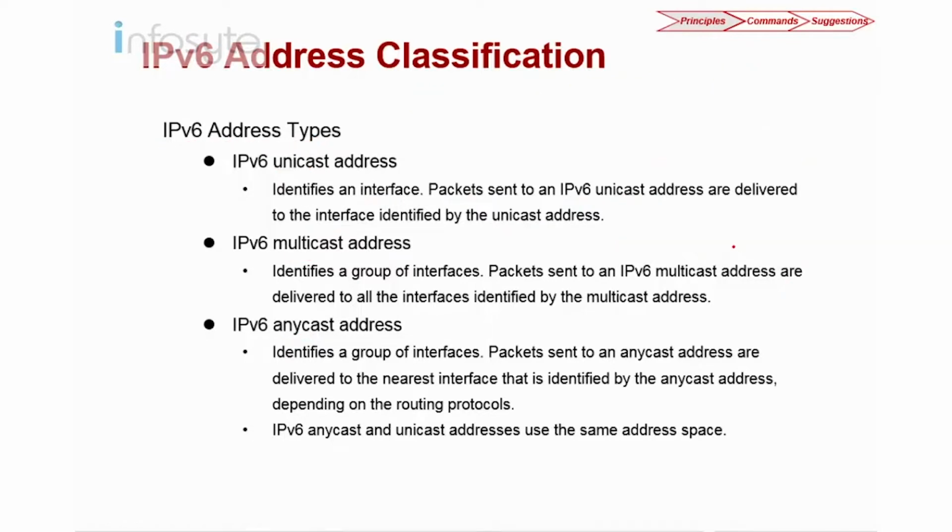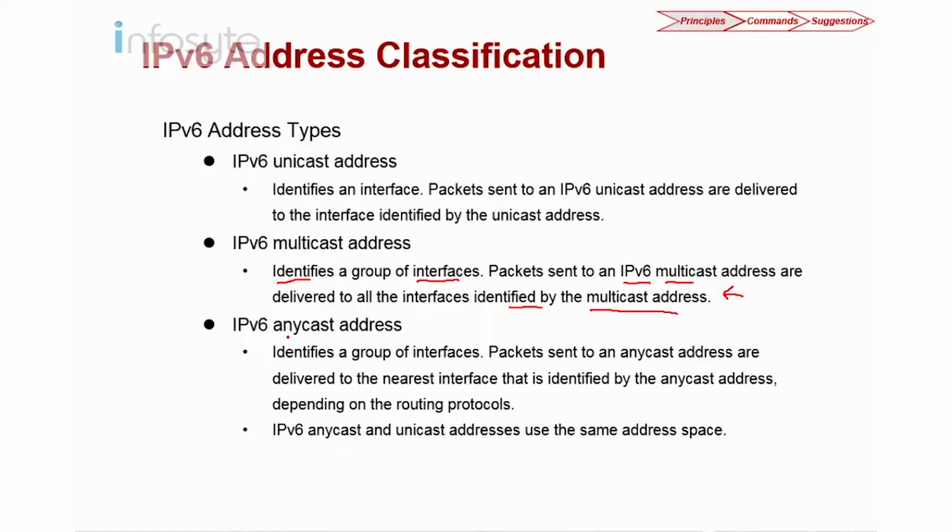Whereas for multicast, just like in IPv4, we have multicast identified by a group of interfaces. Packets sent to an IPv6 multicast address are delivered to all interfaces identified by that multicast address. Later in the topic we are going to look into the IPv6 multicast address.